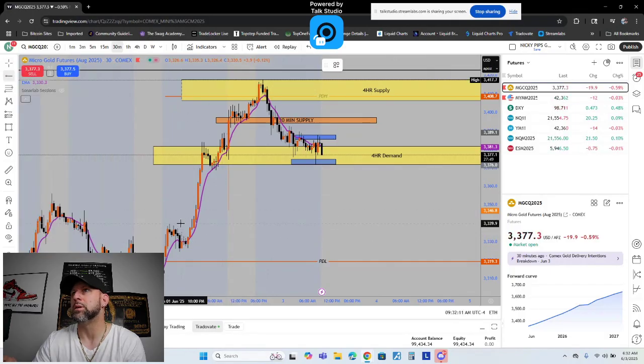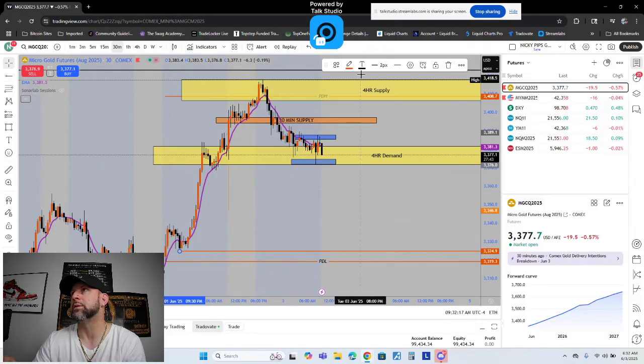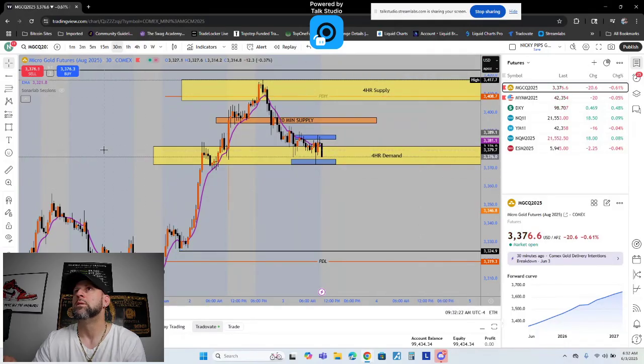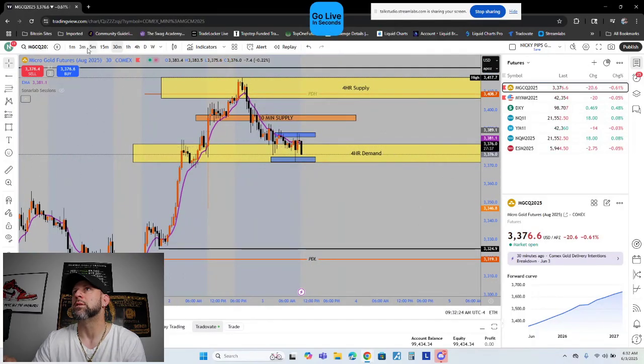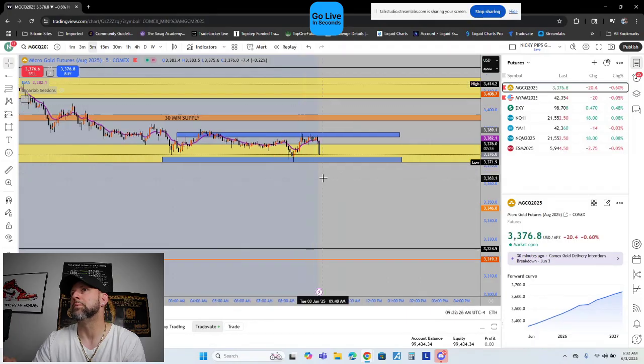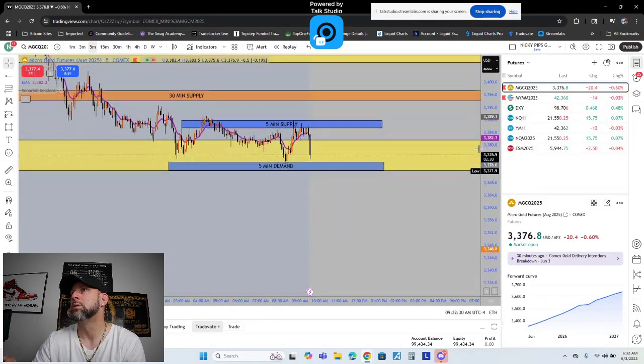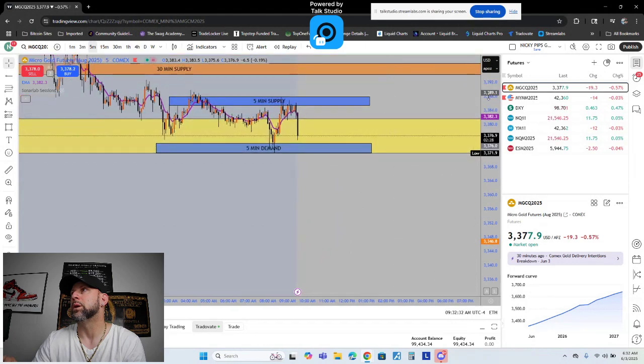TP would probably be, I would say right here. I mean, we could probably tap all the way down in here. So if we did look for a position, this is the 5 minute. So target's right here. So we want to wait for a break.